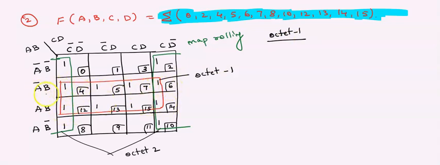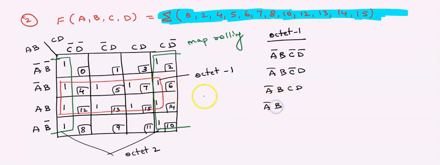This one lies in A complement B, and next this C complement D complement, and this one lies in A complement B and C complement D, and this one A complement B, second row, A complement B, C D, again A complement B, C D complement.